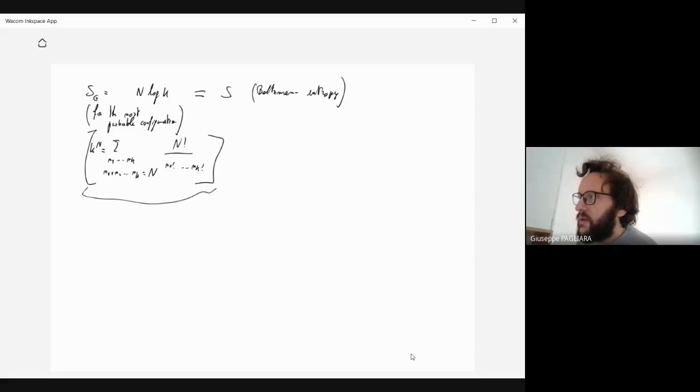So in a system which is in thermodynamical equilibrium, the statistical mechanics interpretation is that the thermodynamical equilibrium corresponds to the most probable configurations, compatible with the constraints, of course.